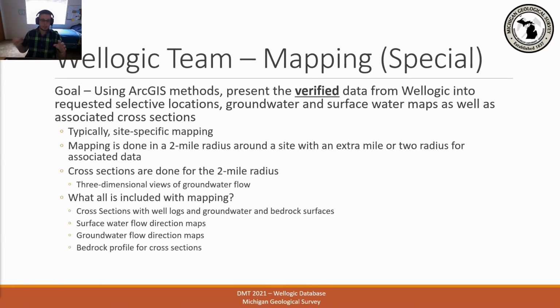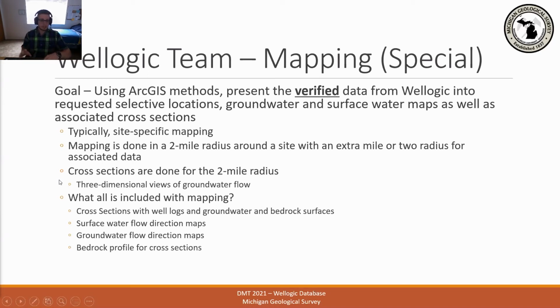So after everything has been compiled with both the location validation team and the digital input team, we use the ArcGIS tools and different GIS methods to present verified data from the Wellogic system at the selective locations, as John alluded to before, where we have the 2 to 5 mile radius locations that require additional groundwater analysis.